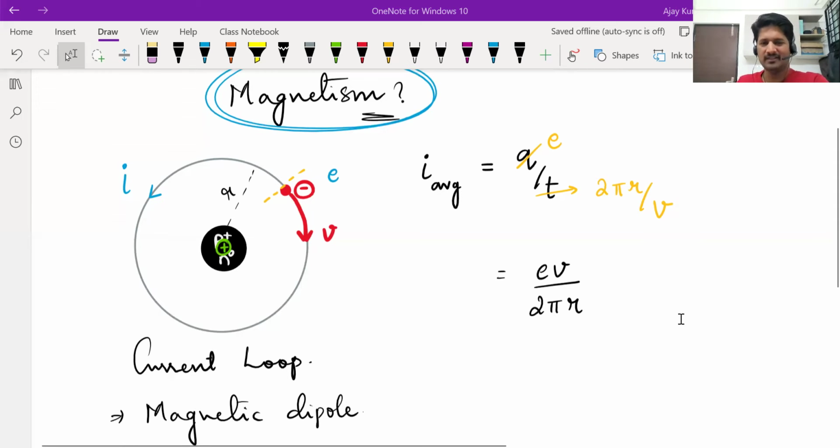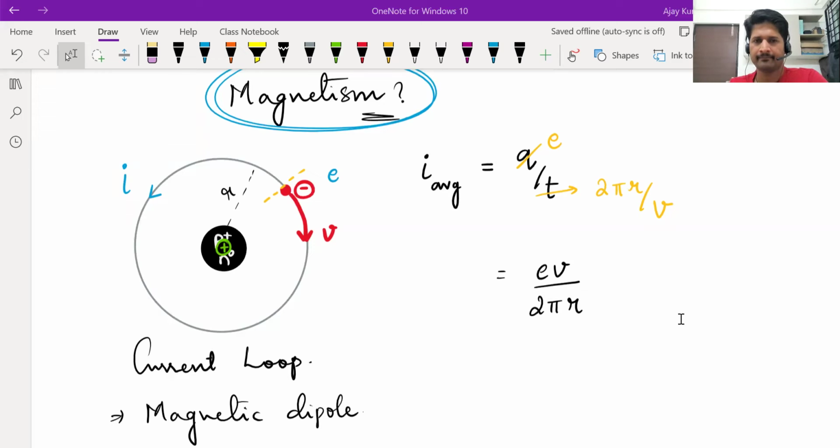Try to think. Others also try to come up with an explanation. If every material has electrons revolving around it, why does every material not behave as a magnet? Any idea?